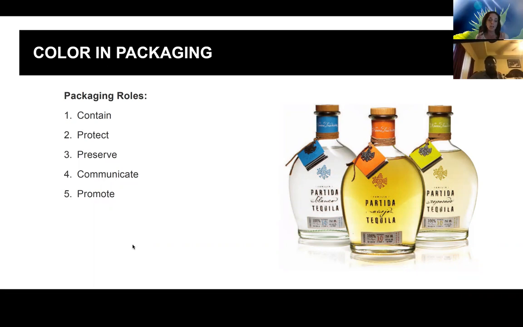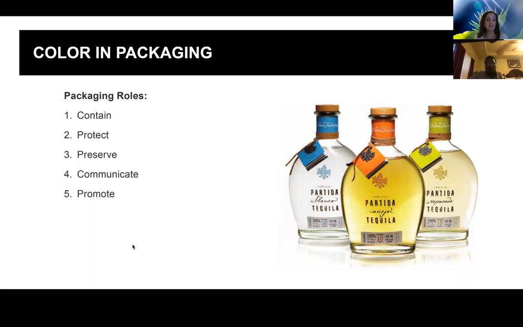So the casing of the product is there to protect the contents inside. Third, the package is there to preserve the materials inside. It's there to extend the shelf life, and make sure that microorganisms and other contaminants, moisture, things like that don't get in.